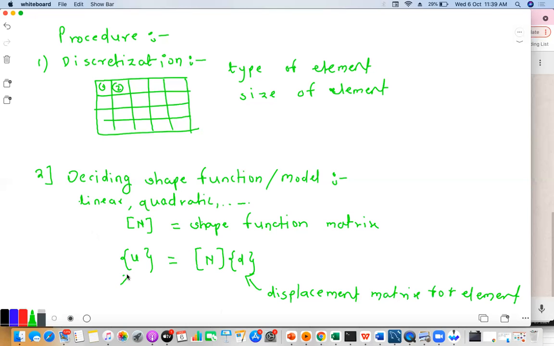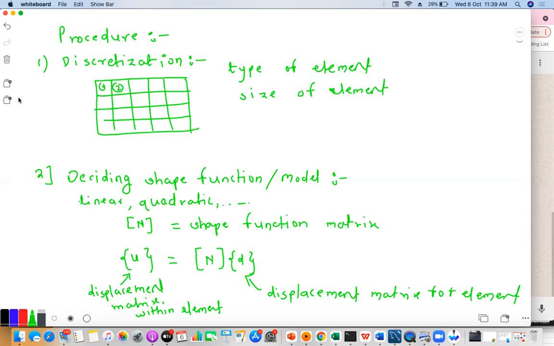So this u is the displacement matrix within the element. So two steps are done.